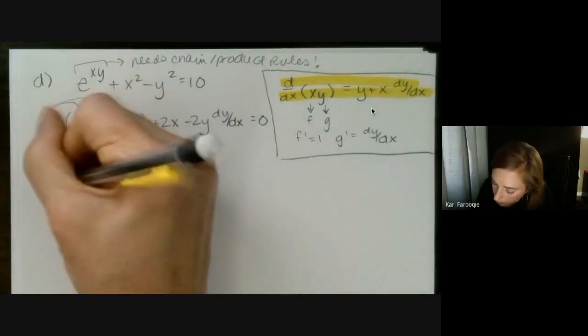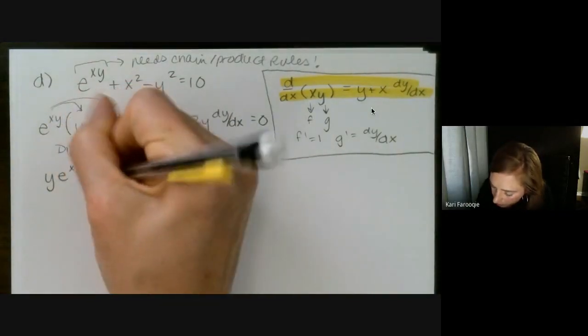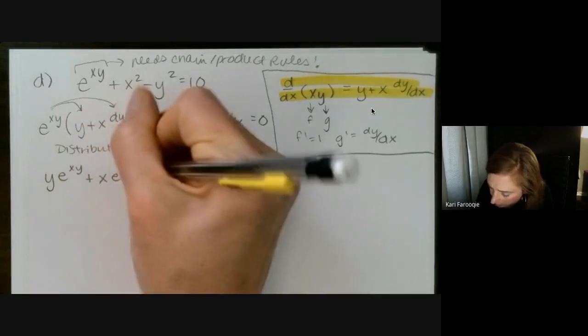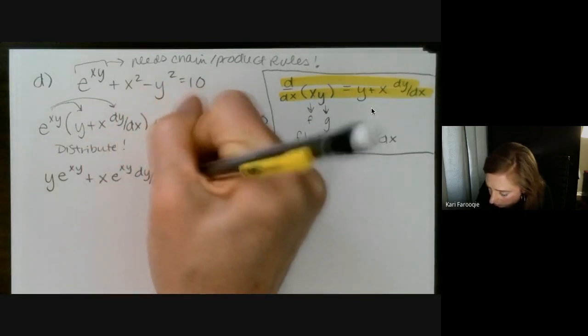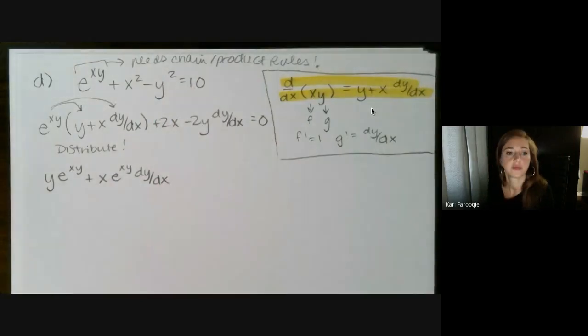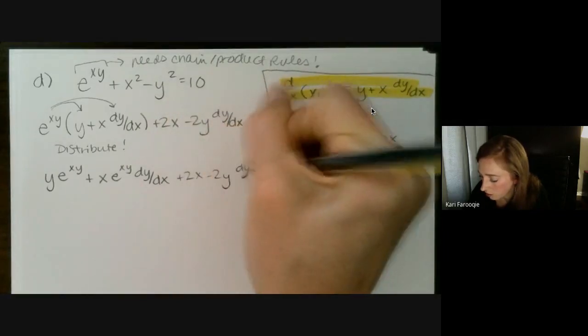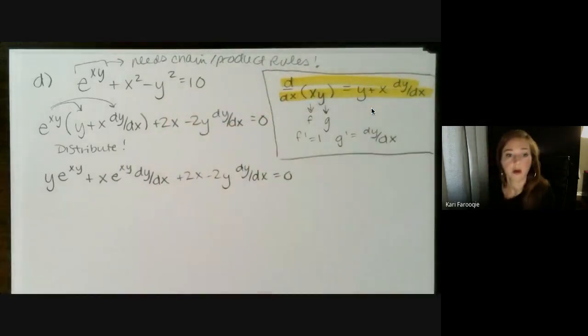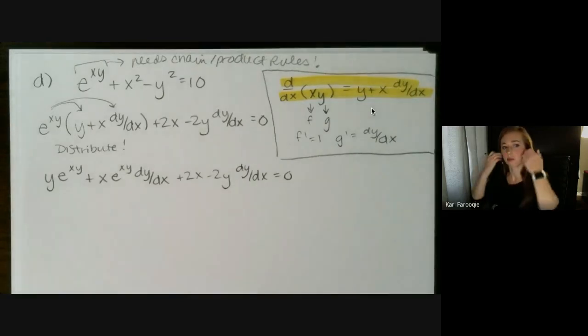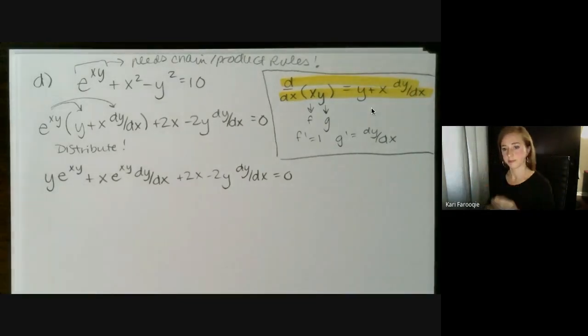So we'll have y e to the xy plus x e to the xy dy dx plus 2x minus 2y dy dx equals 0. Questions here?